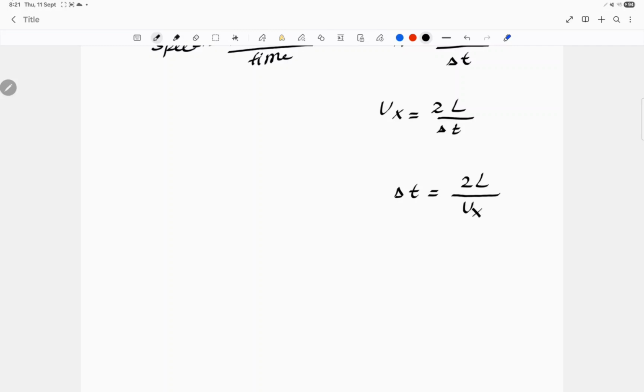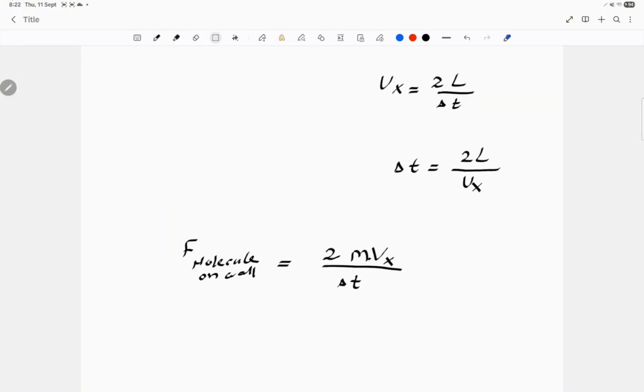Okay, now let's go back to our equation and change delta t to 2L over Vx. So now let's replace that delta t with 2L over Vx.